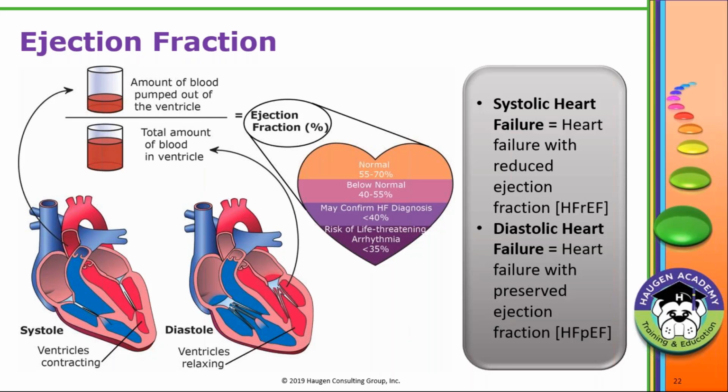Usually they're going to be looking at the left ventricle, an LVEF, left ventricular ejection fraction, because they want to make sure that that left ventricle is pumping blood efficiently. So that's all that this means. And we do see this terminology listed underneath the codes for systolic and diastolic heart failure.